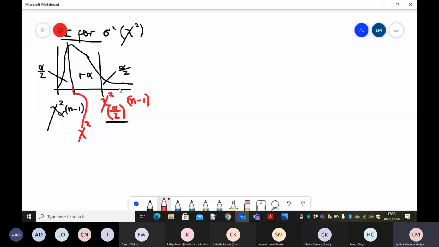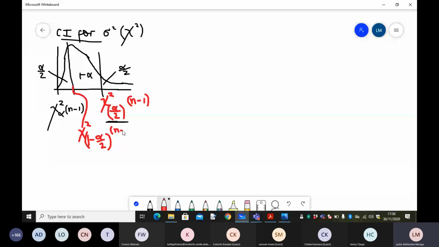When we want this critical value, which gives us the small area to the left, that area to the left is alpha over 2. So the area that is to the right is 1 minus alpha over 2, and I need to put all that in brackets, with the given n-1 degrees of freedom.